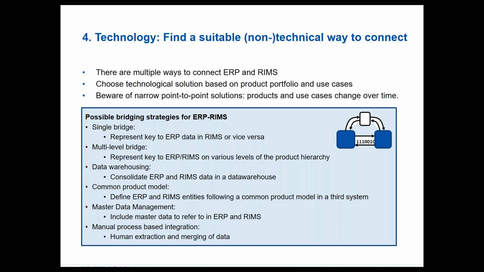So actually, if you look at the bottom, there is still the manual process. If you can link your ERP and RIM systems through a manual process, then you do not need technology. However, you still need to do the previous 3 steps to establish this, because if you want to easily merge the data, you should have a stable mapping over time, so to easily match 2 data sets together.